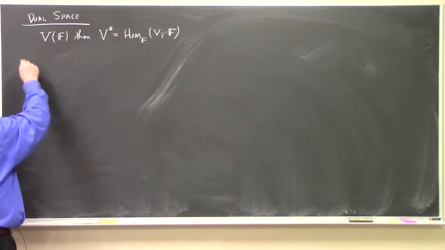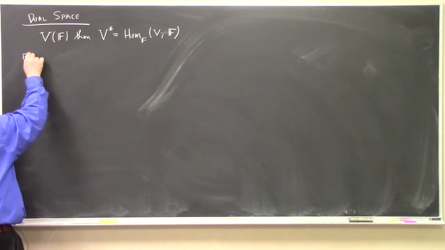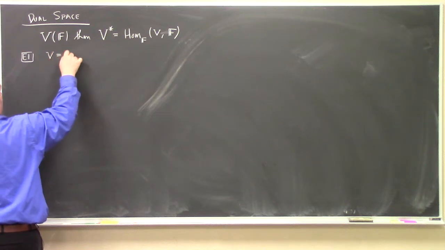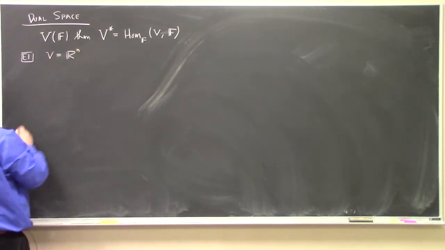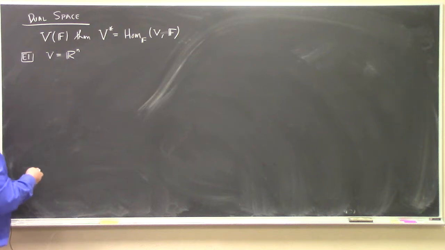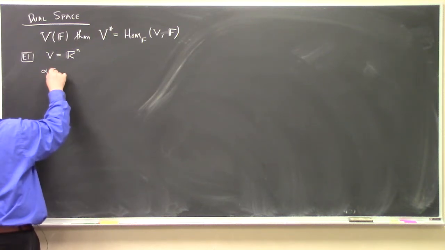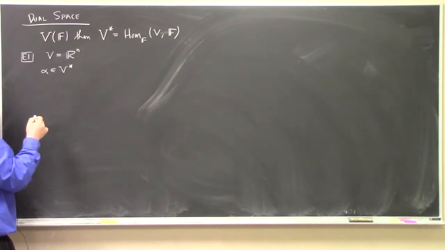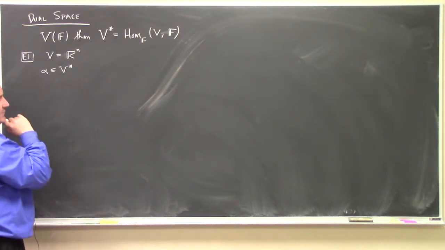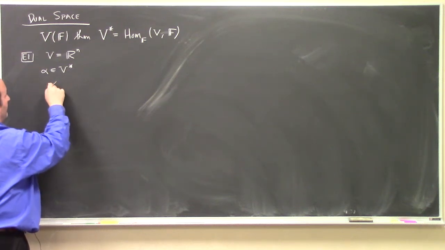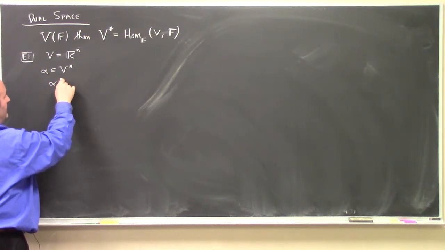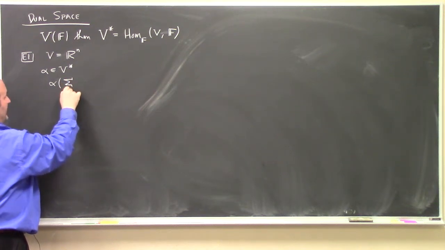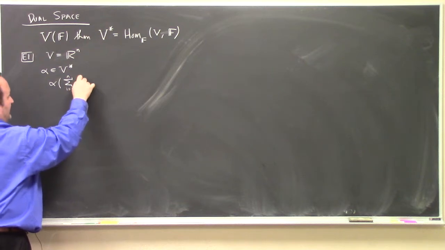So a standard example of this would be if I have V equal to Rn. What's a dual vector there? If I have alpha in V dual, alpha's a linear transformation. A typical vector in Rn looks like the sum i equals 1 to n of xi ei.